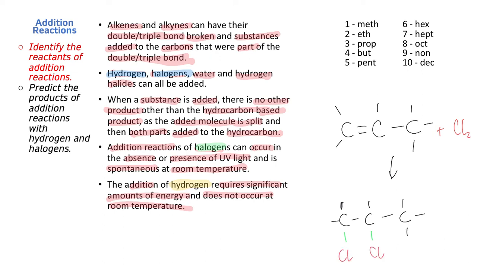So you've added the two chlorines onto the hydrocarbon and formed 1,2-dichloropropane. You won't require any UV light. This will occur spontaneously at room temperature.